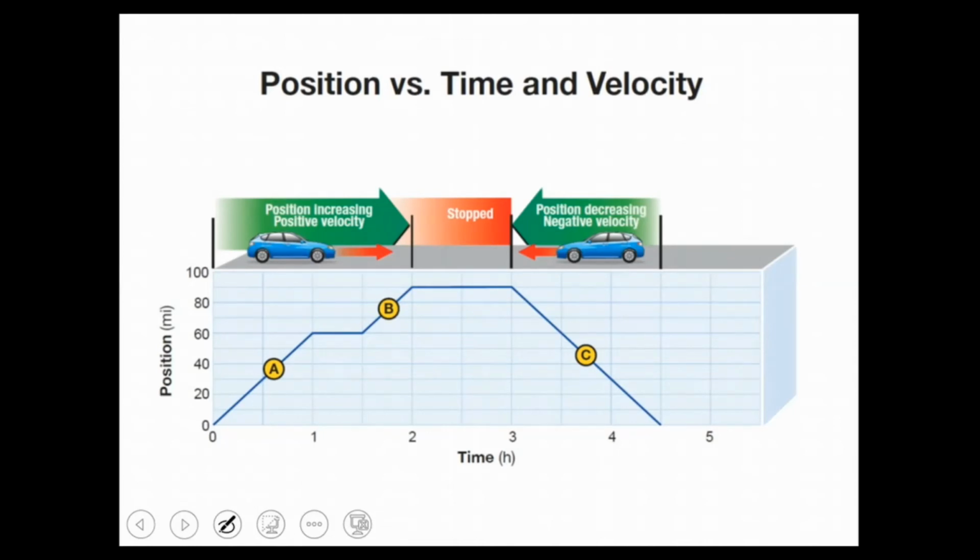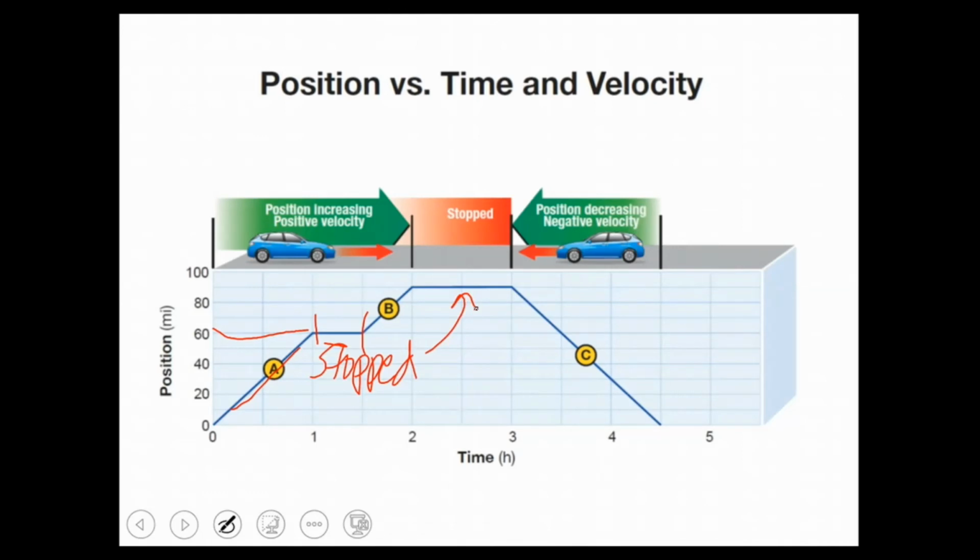How does that correspond to velocity? Well, we just talked about it a little bit, but this one has a little bit different information on it. So here's section A, and we're stopped here, right? I know it's stopped because the position hasn't moved. We're at 60, so say we're on the 60-yard line if we're playing football, and we haven't moved from that 60-yard line. So we're stopped here as well.